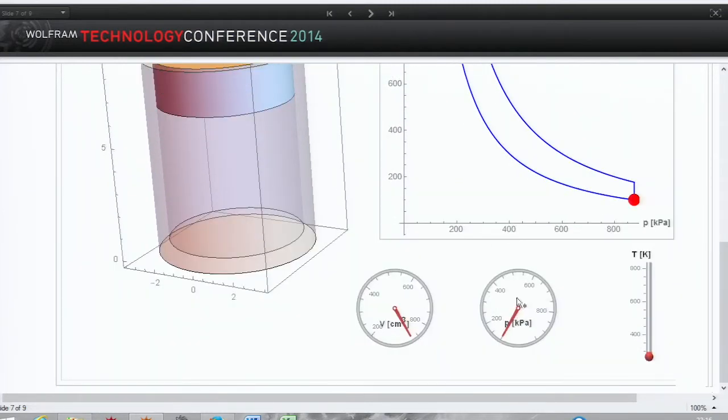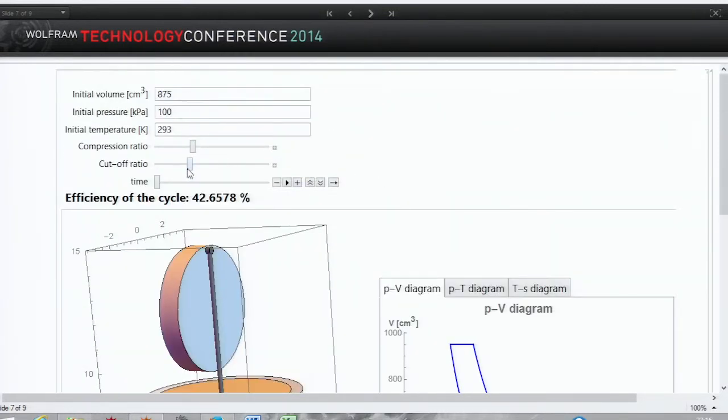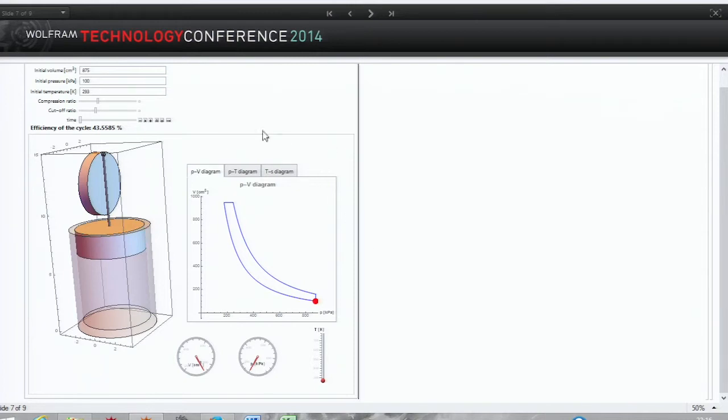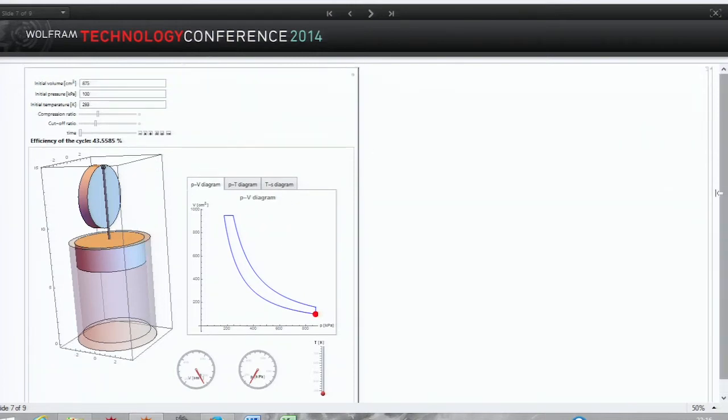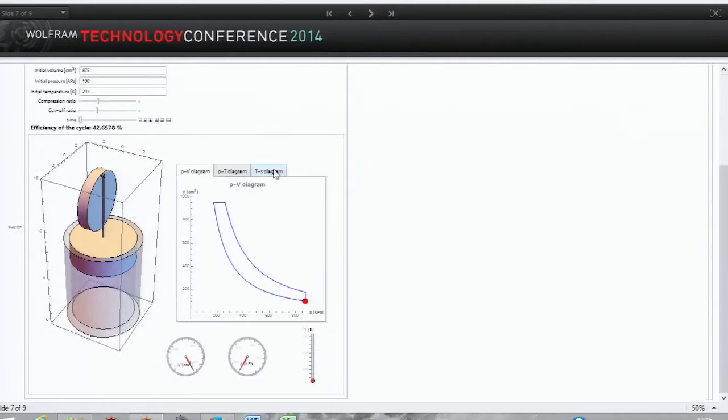Also, there are the angular gauges that were in the previous part. I think you can see that. Just adjust the animation ratio to 3. It should work, hopefully. Let's go.